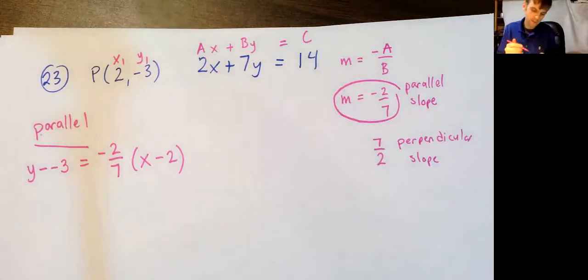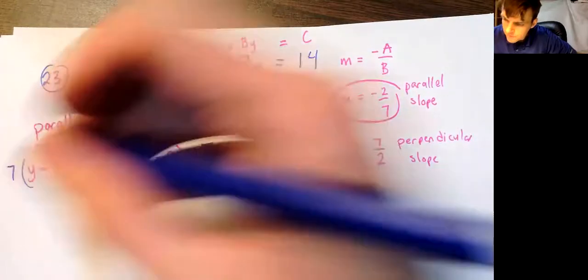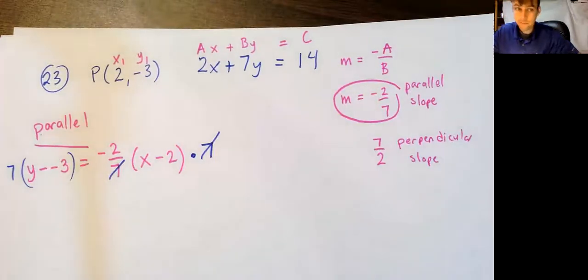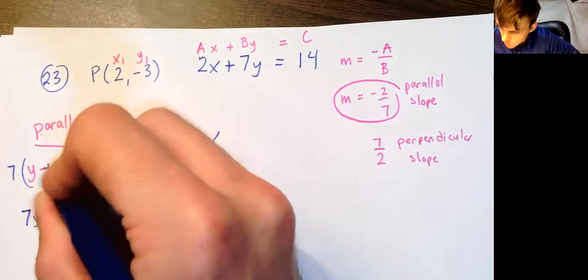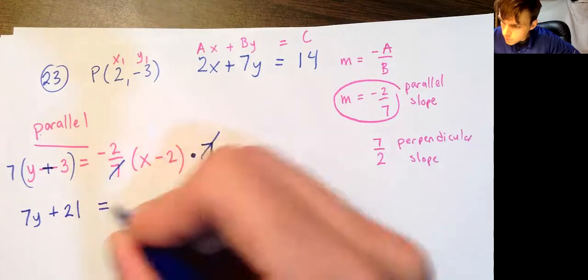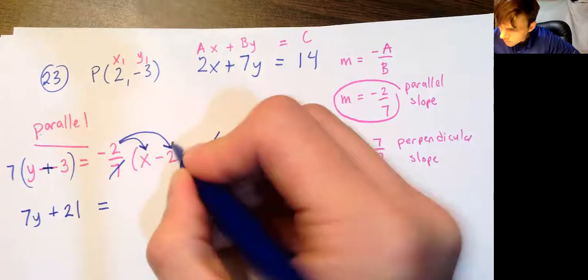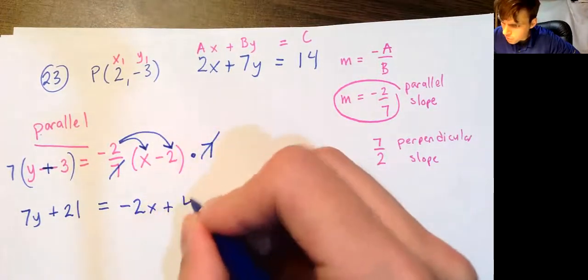Because I have a little fraction here, I want to get rid of that. I need to multiply by the denominator on both sides, so multiply by 7. That's going to get rid of our denominator over here. Nice and easy. And we end up with 7y, this becomes really plus, so 7y plus 21 equals, I'm going to distribute this -2 in here, just to save myself a little extra step, -2x plus 4.